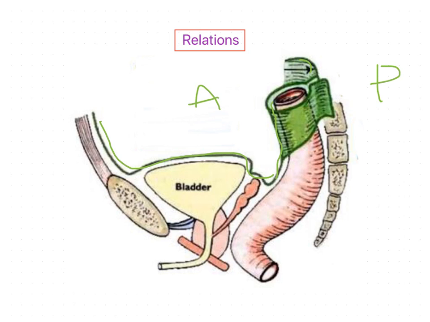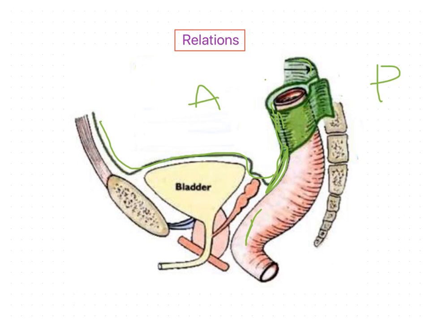The upper 1/3 of the rectum is covered with peritoneum, both in front as well as the sides. The middle 1/3 is covered with peritoneum only in front. The lower 1/3 is not covered with peritoneum.